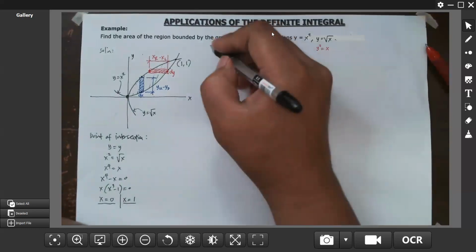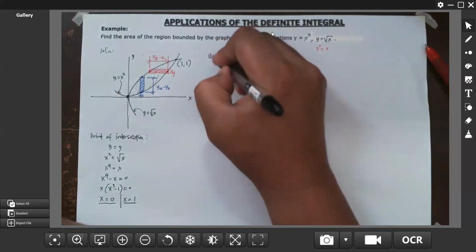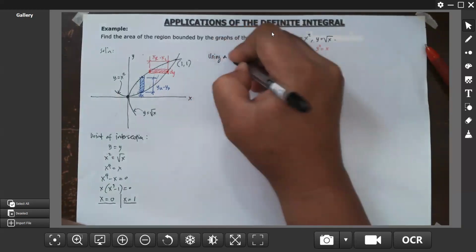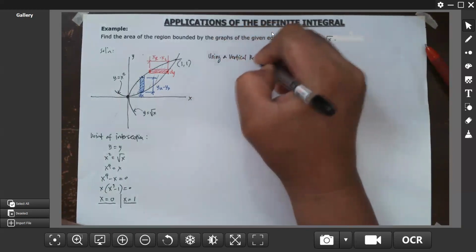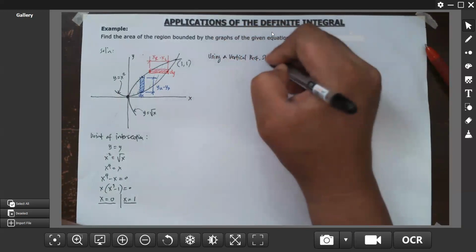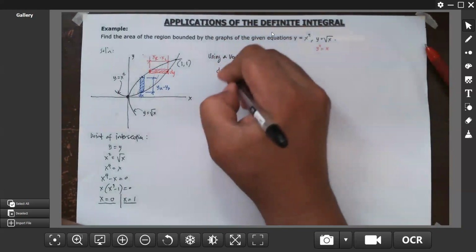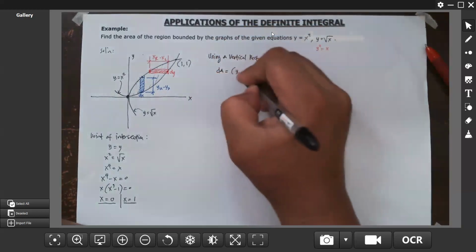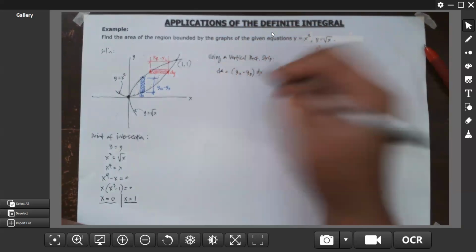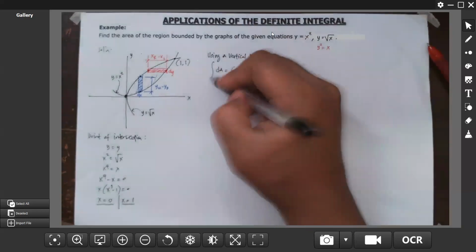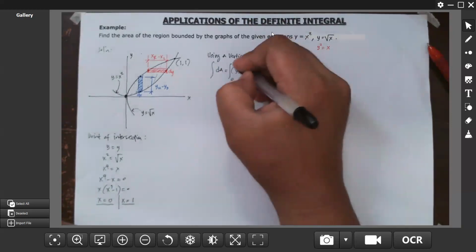First, using a vertical rectangular strip. Our dA is y up minus y down dx. So we integrate from 0 to 1.